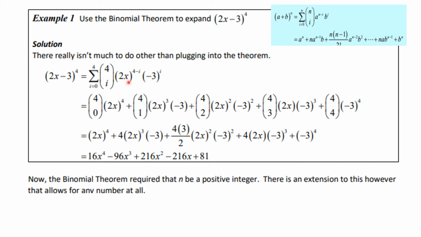This is playing the role of a, that's playing the role of b, and then we write this out because we were supposed to simplify this, we were supposed to fully expand it. So we expand it and do the calculations, and we get this as an answer. It is instructive for you to actually go through and verify this calculation, but here we see that there are 1, 2, 3, 4, 5 terms in our expansion of this to the 4th power.